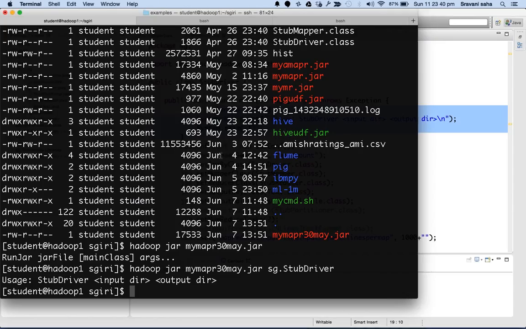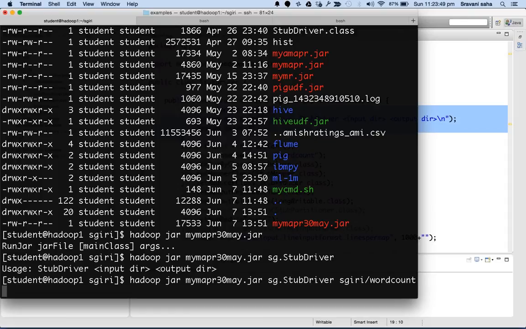All right, now we can provide our input folder, wordcount slash input. Okay, asgiri slash wordcount slash output 30 May, and I put J along with that.